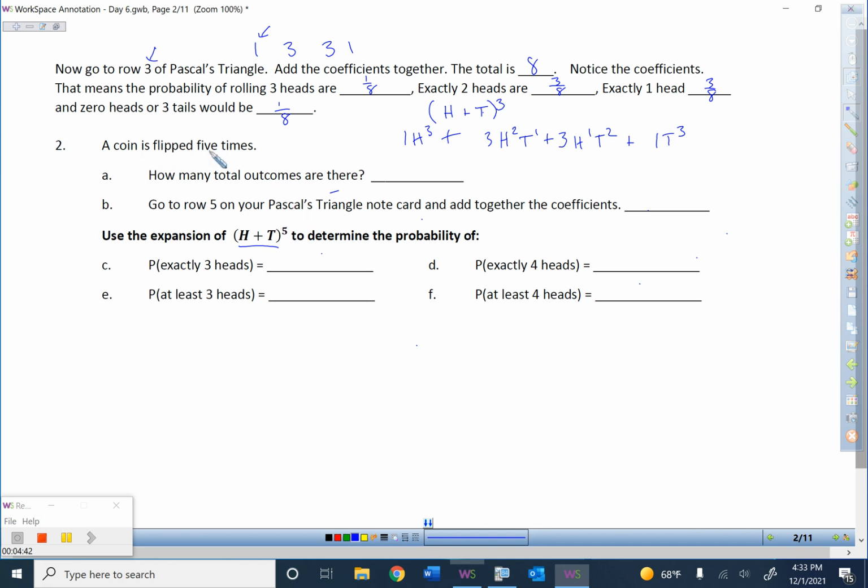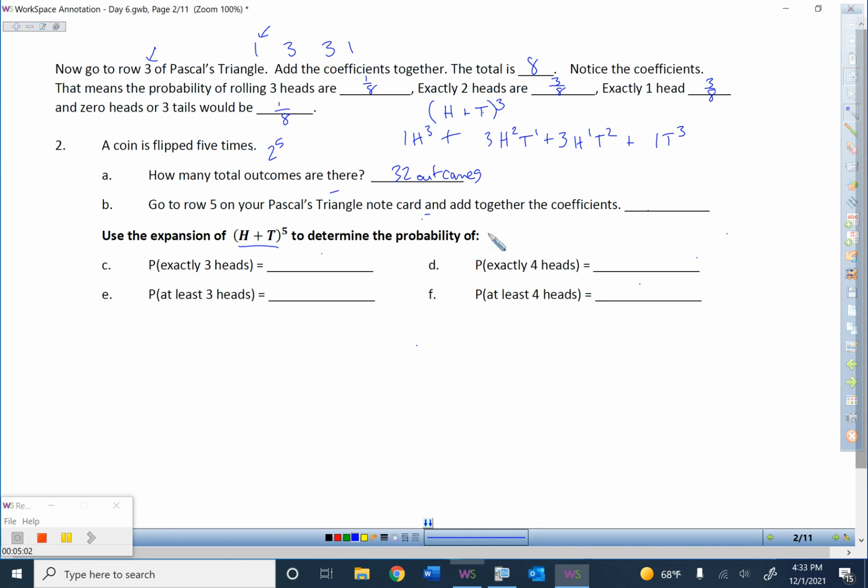A coin is flipped 5 times. If we think about 5 times, we want to do 2 to the 5th, heads or tails, and that's 32 outcomes. But again, if you go look at your fifth row and add together the coefficients, that represents the 32 different ways that the heads and tails can be combined.